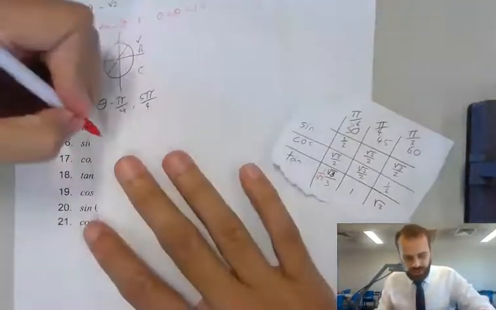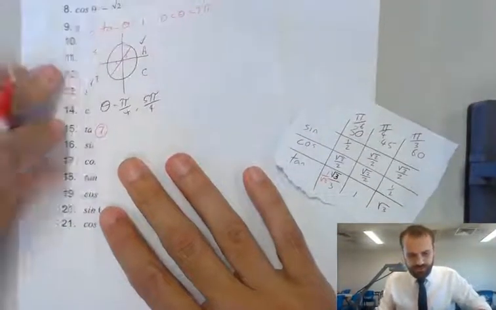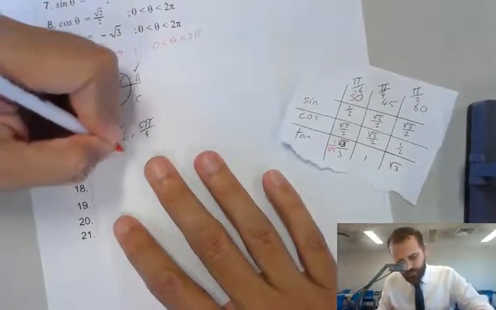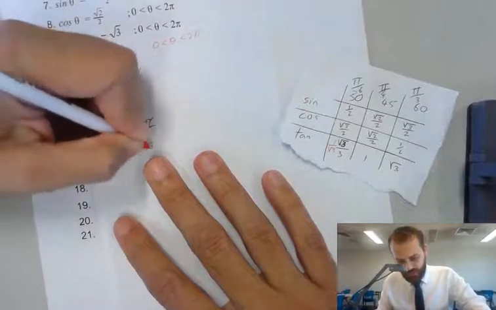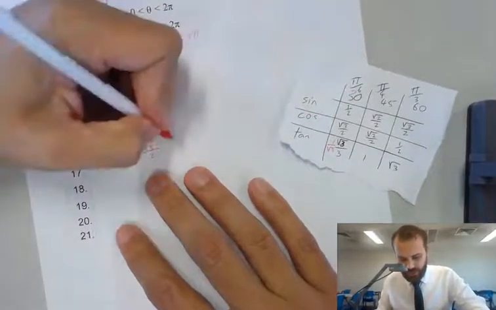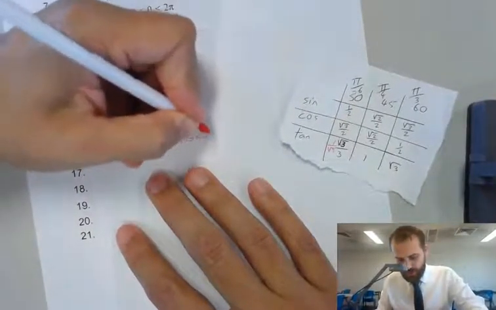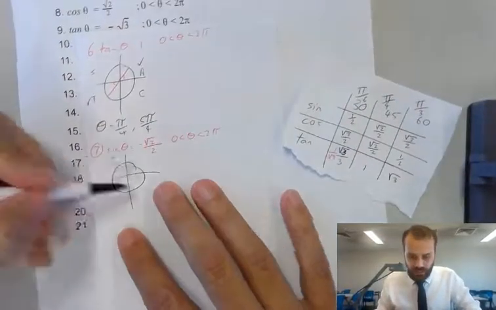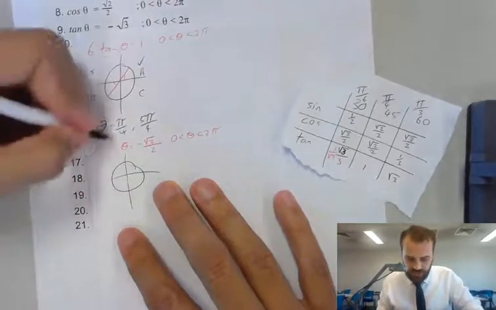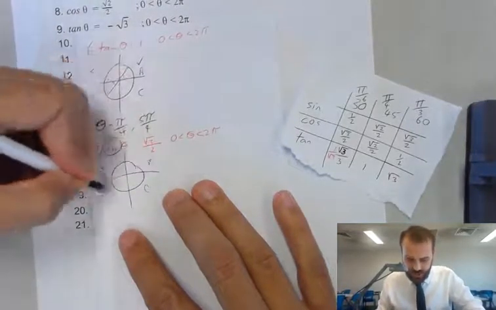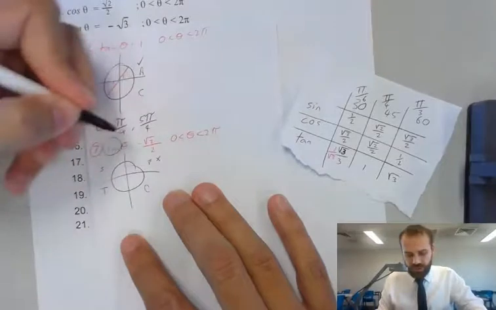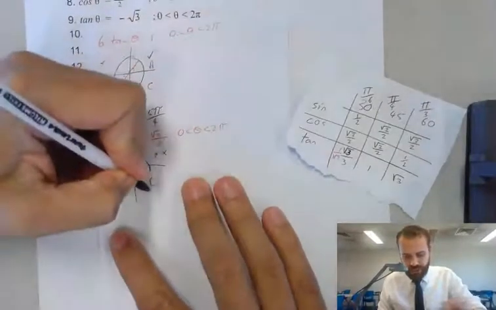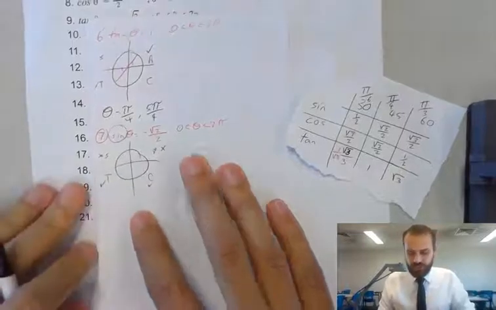Okay, let's go again. Question 7. Sine theta equals negative root 2 on 2. That's between 0 and 2 pi. Circle. We can see the question is negative, and it's a sine question, CAST. So it's not going to be in the all quadrant. It's not going to be in the sine quadrant, which means it's going to be in the tan quadrant and the cosine quadrant.